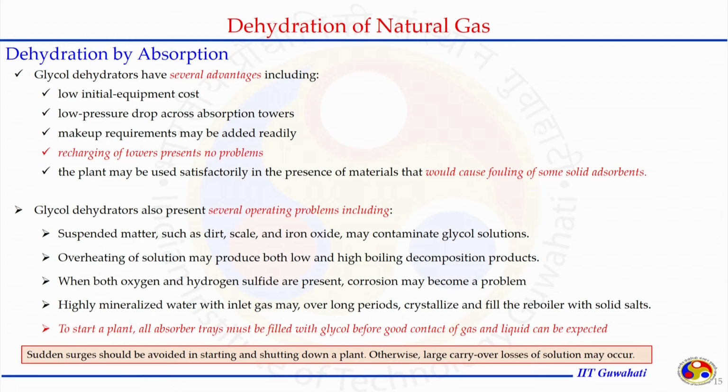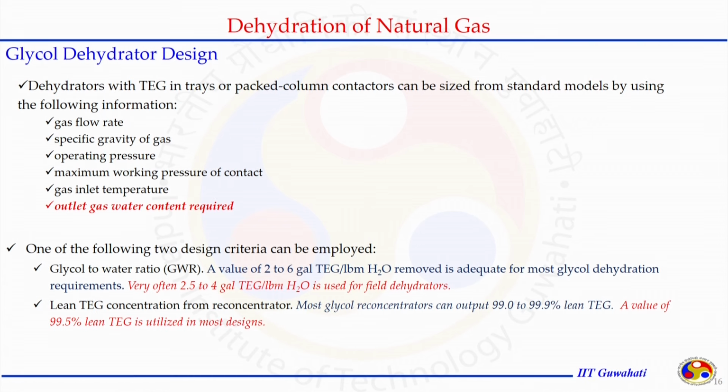So, if we compare absorption and adsorption processes, certain features are the same, and certain advantages are offered by the adsorption process and certain advantages offered by the absorption process. When we talk about the design aspects, we can discuss the absorption process for its design application.